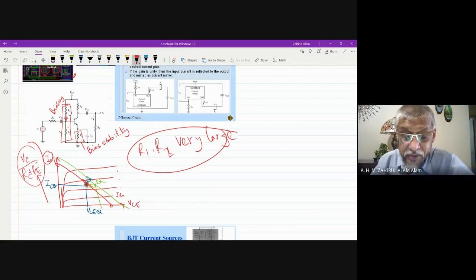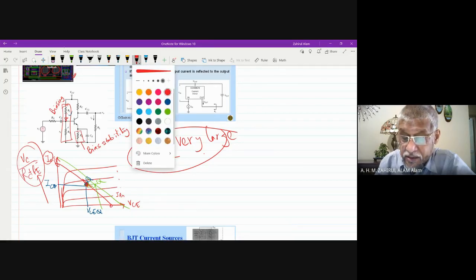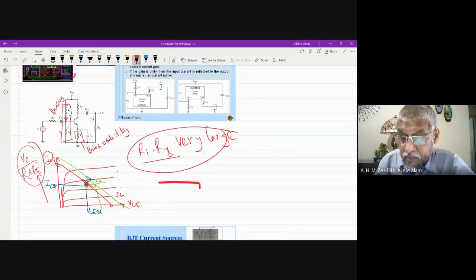Also, if we need to fabricate such a very large resistance in an integrated circuit, usually we use a polysilicon layer to make the resistance.